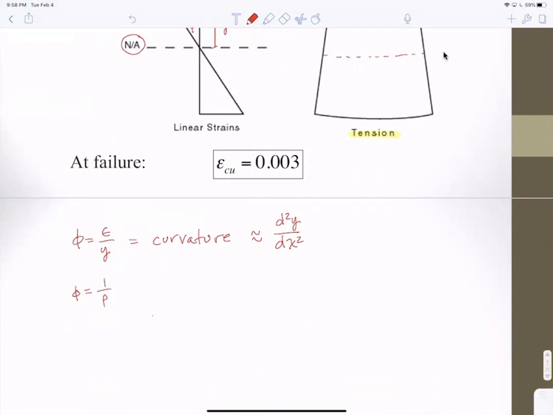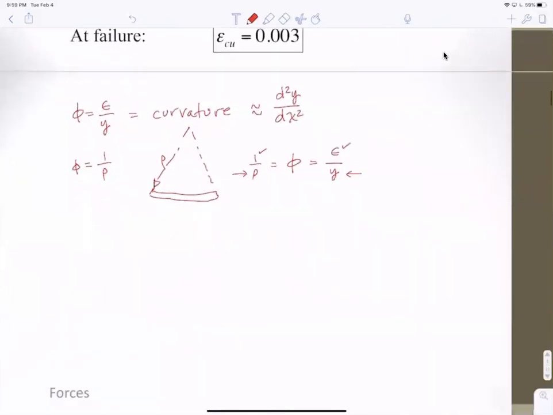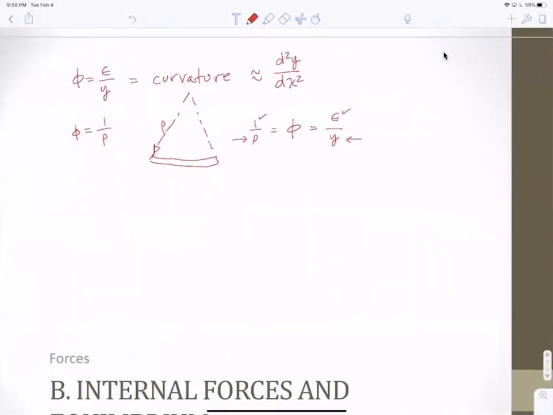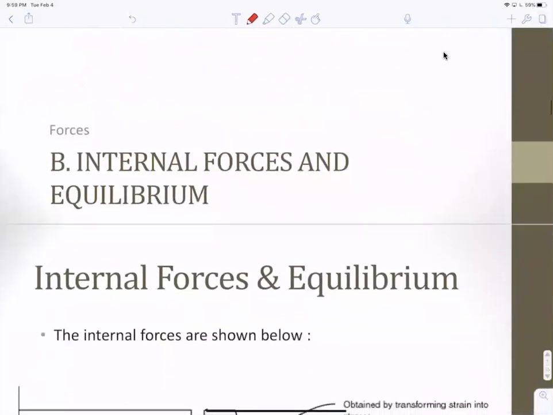So if you had a beam bent to a circular arc, 1 over that radius equals the curvature, which is the strain over y. And the units work out, right? This is distance, and strain does not have units. So plane sections remain plane, which means the curvature, 1 over rho, is equal to the slope of the strain diagram, and that's approximately equal to the second derivative of the shape of the beam.